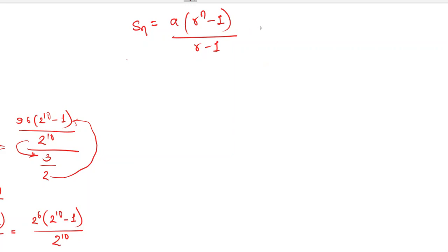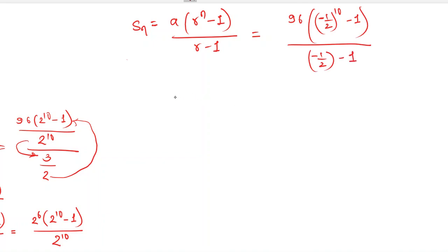Okay, now what is the value of a? 96 bracket minus 1 by 2, which is r raised to 10 minus 1, the whole upon minus 1 by 2 minus 1.